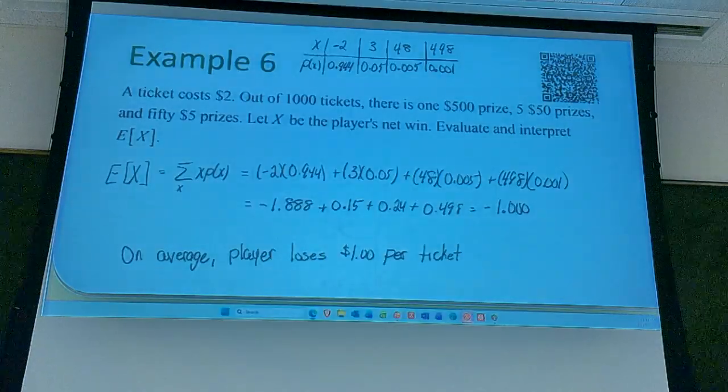It used to be on the back of the ticket where it gave you the odds of each prize. If not, they're actually required by law to disclose it on their website. Then they moved it to their website, but they are required by law to disclose it.